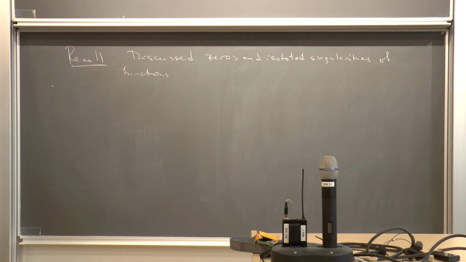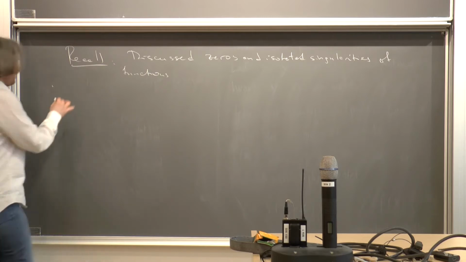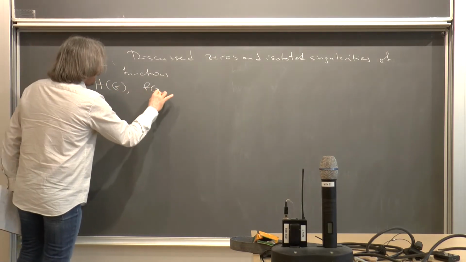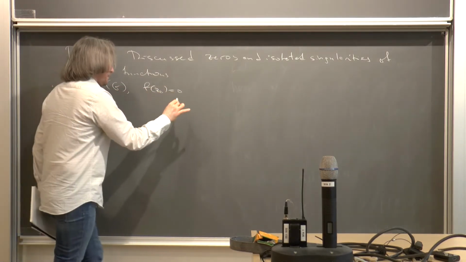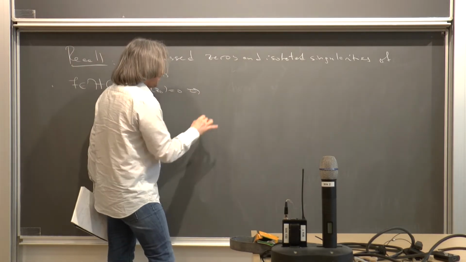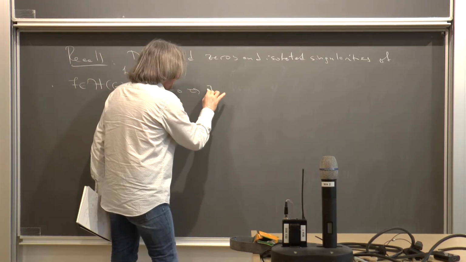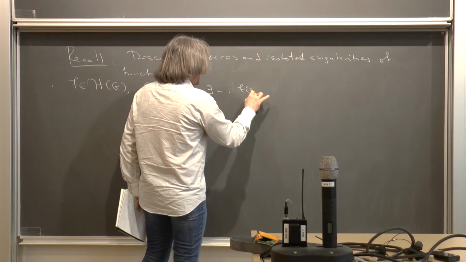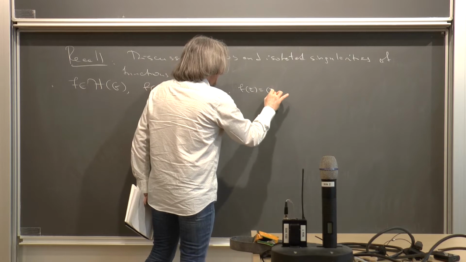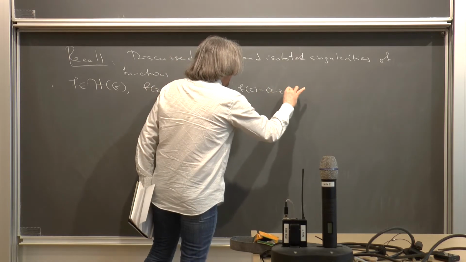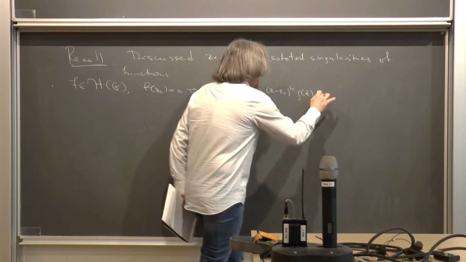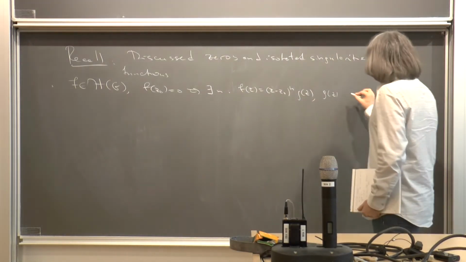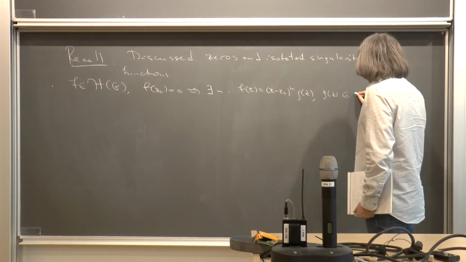In particular, what we will need and keep using is that if we have a holomorphic function in some domain G and f of z naught is 0, then two things happen. One is that there exists a number n such that f of z is (z minus z naught) to the n times g of z, where g of z is holomorphic and is not 0.